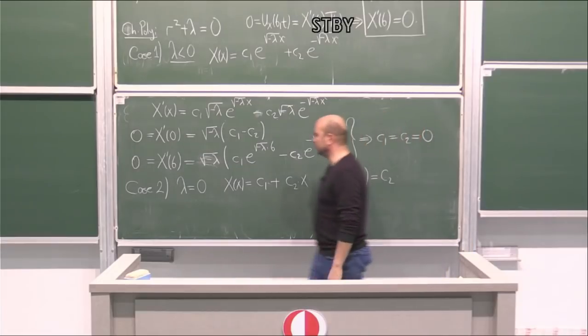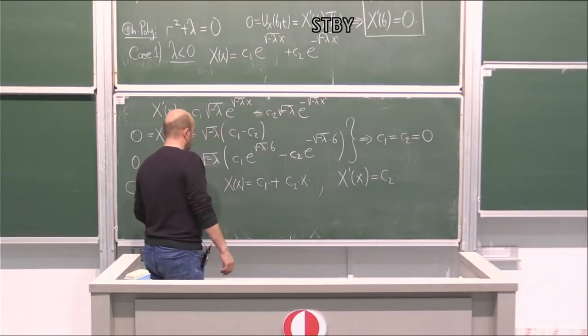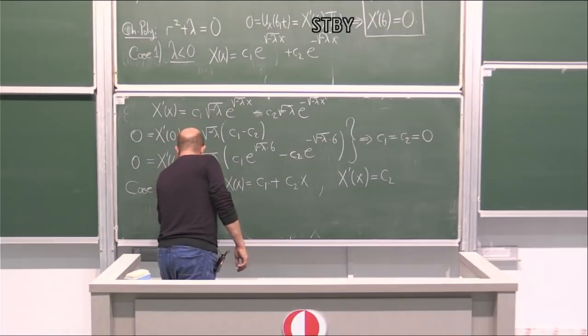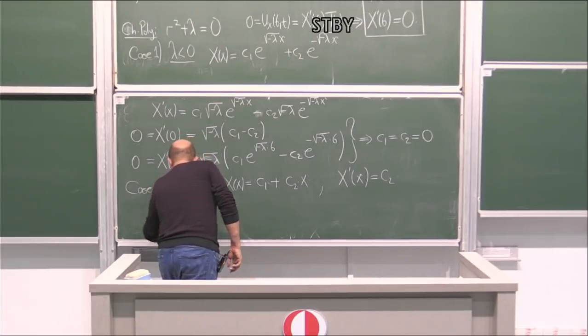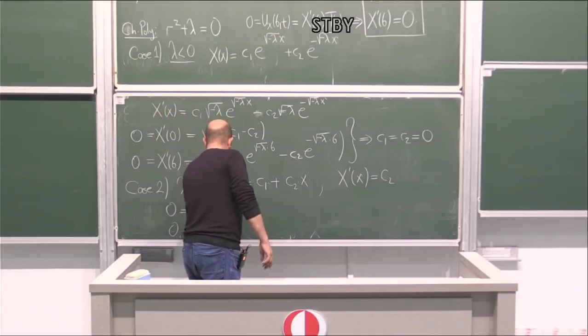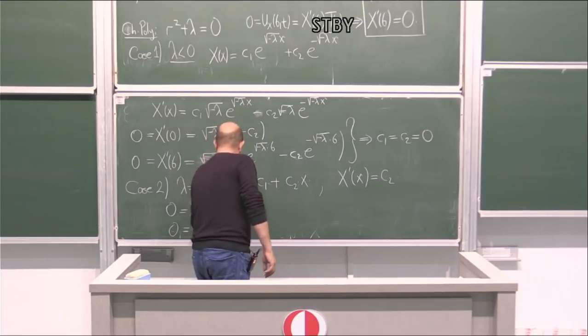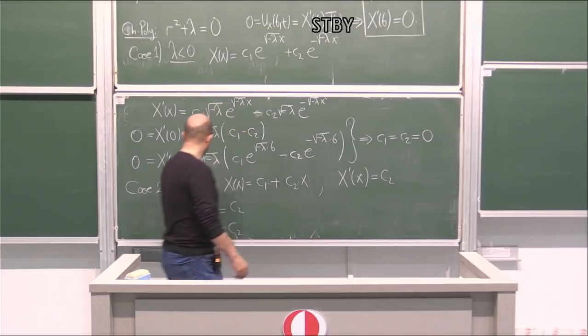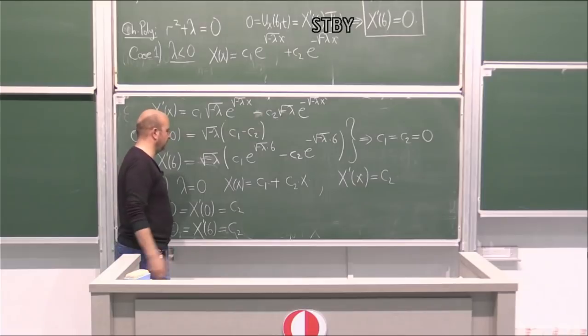Okay, so what does this say? We have x prime 0 must be 0, and x prime 6 must be 0. But what is x prime 0? X prime 0 is C2. X prime 6 is C2. So it says C2 is 0.